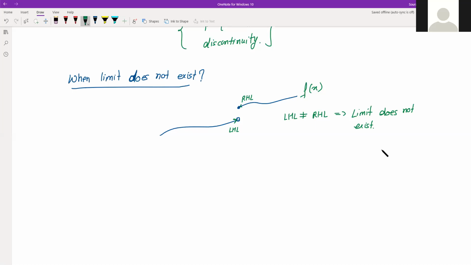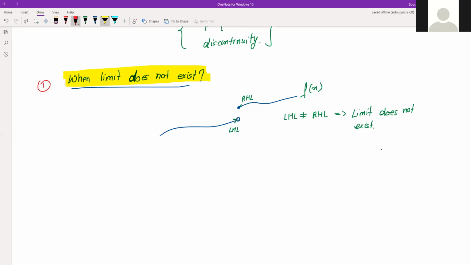And obviously, when the limit does not exist, as you can see in this function, the graph is discontinuous. So this is one of the cases when the function will not be continuous, that is, when the limit does not exist.